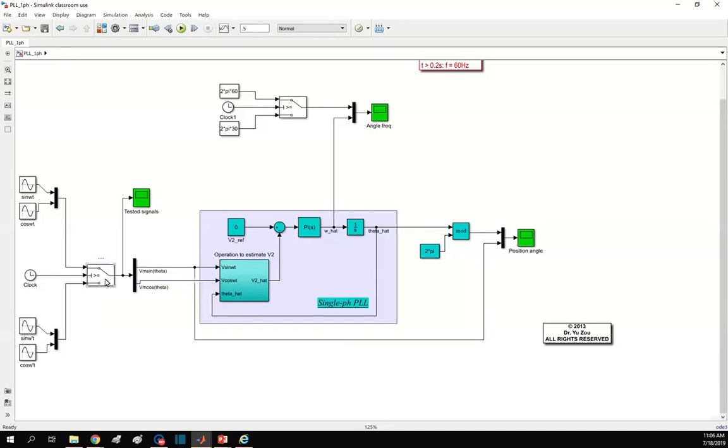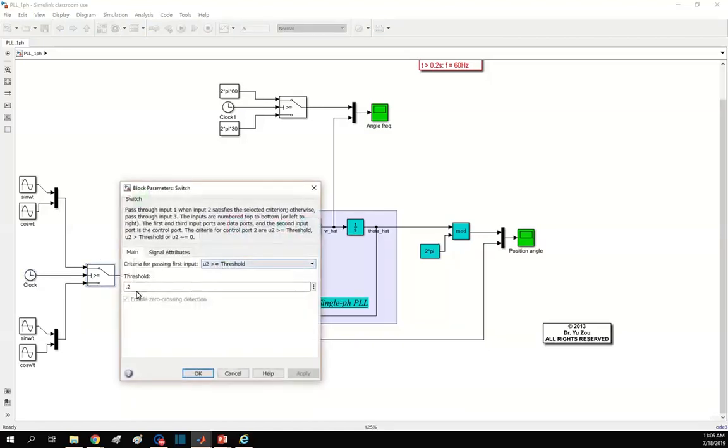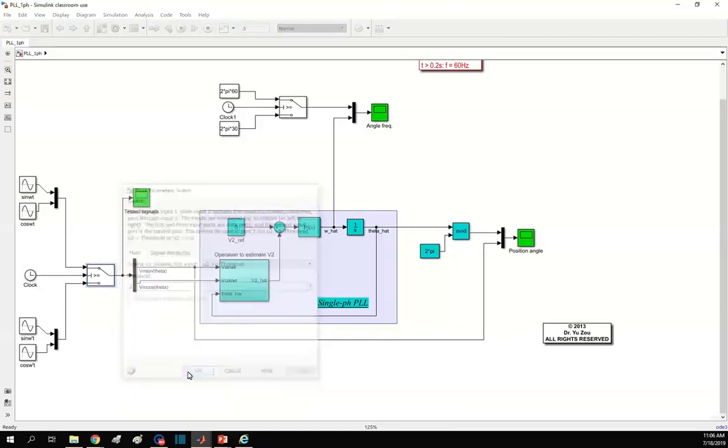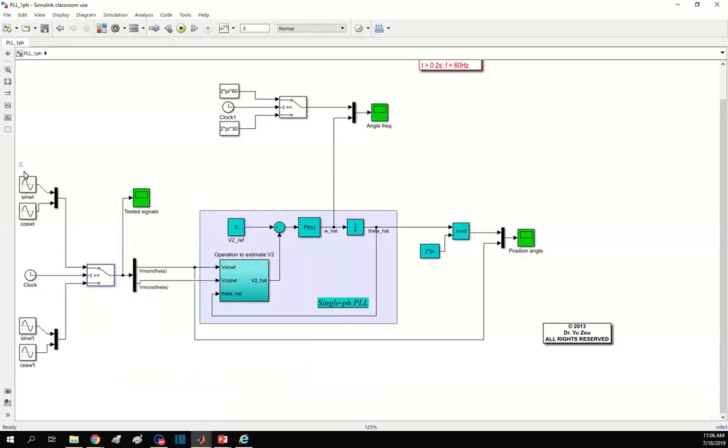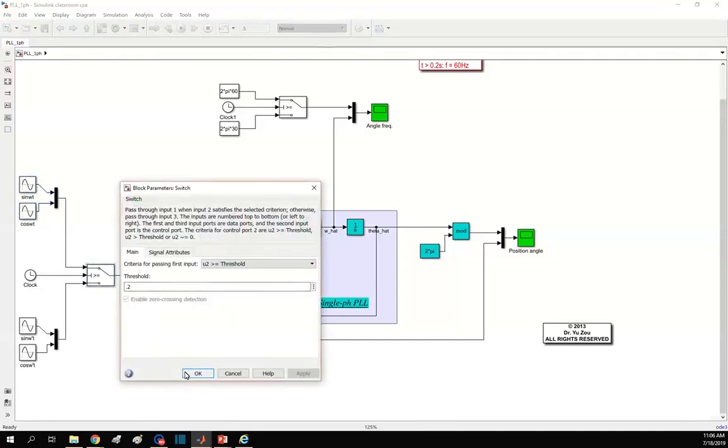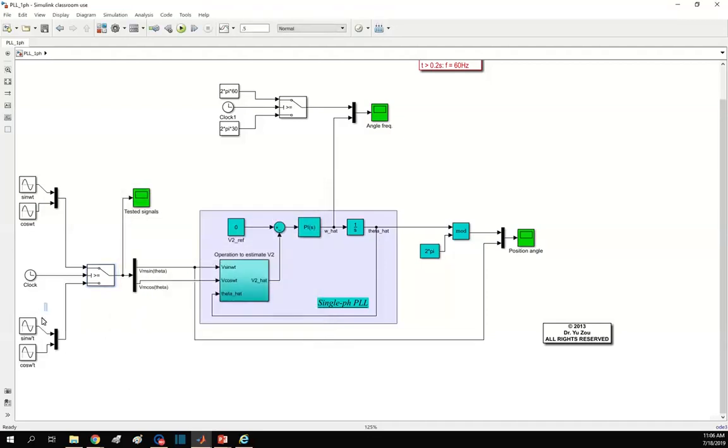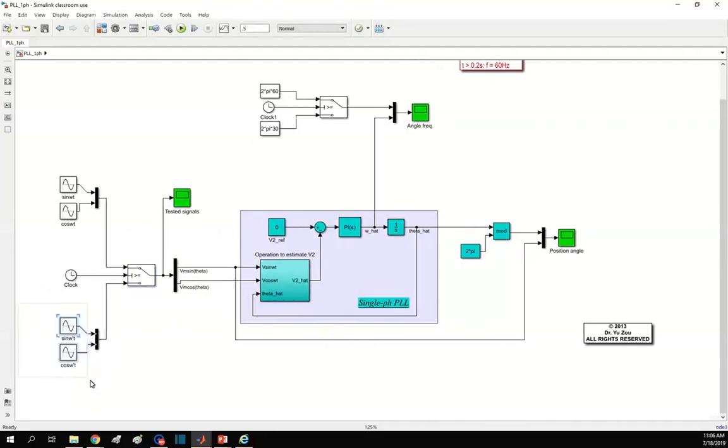By using a switch in front of them, I'm introducing a dynamic, in the sense that when the time clock is greater than 0.2 seconds, I pass through one pair of inputs. Otherwise, between 0 and 0.2 seconds, I pass through the other pair.